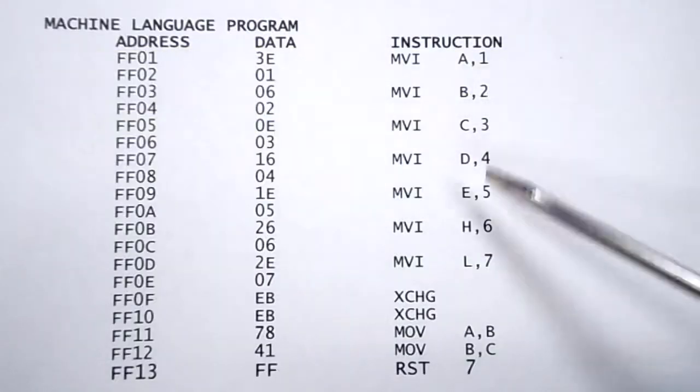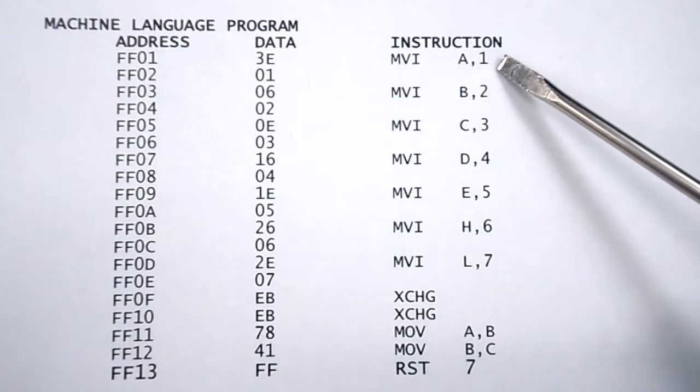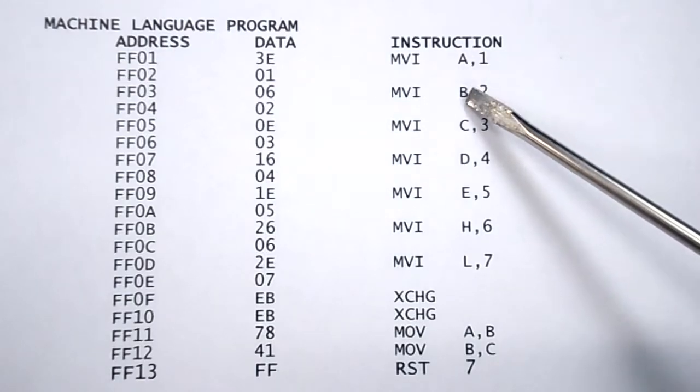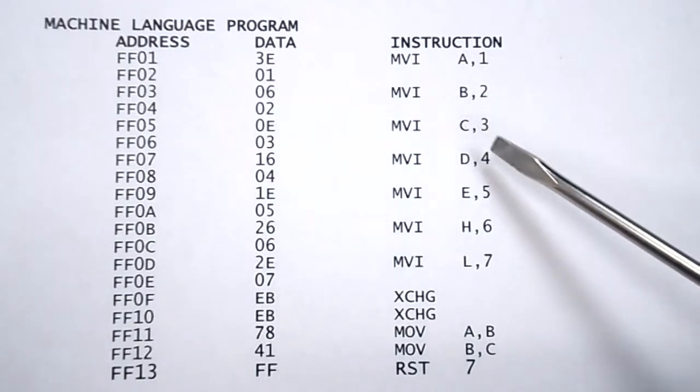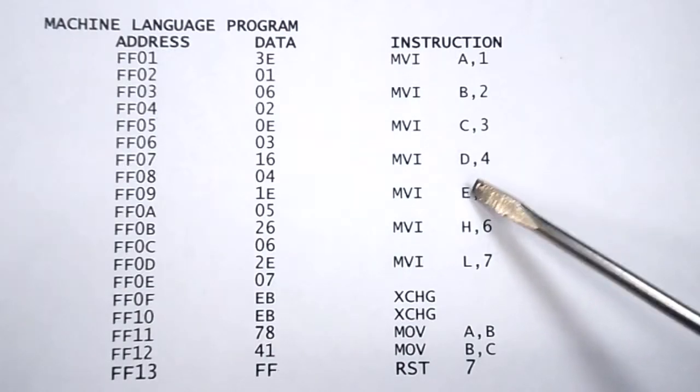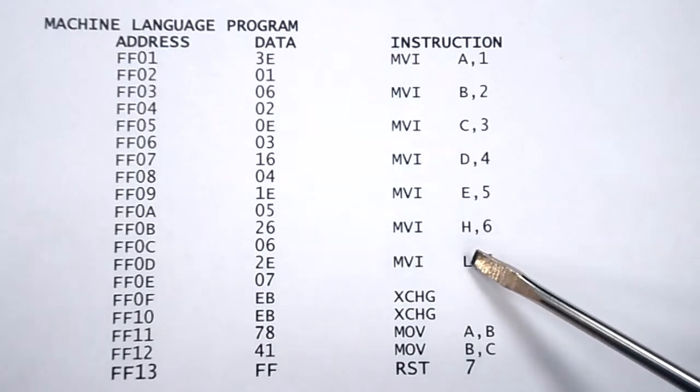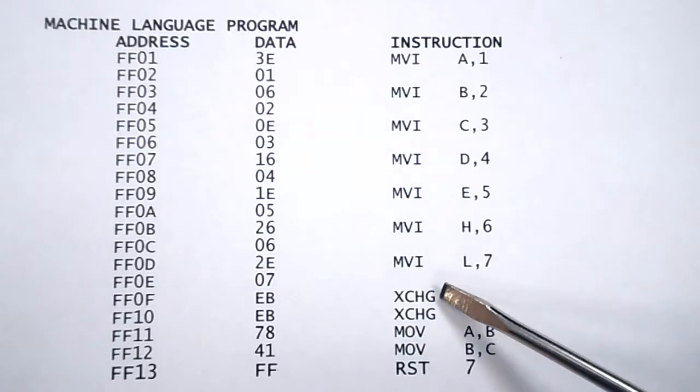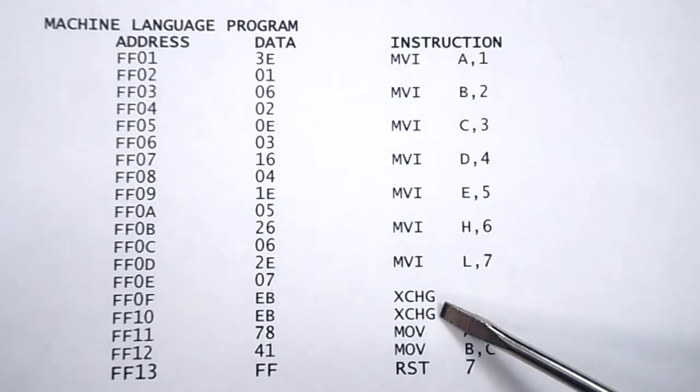So looking at our code, you can see that we're going to be moving 1 into the A register, 2 into the B, 3 into C, 4 into D, 5 into E, and 6 into H, and 7 into L. Then we're going to come down here and hit the exchange command. Now this is going to exchange the data in registers D with H and whatever is within E and L. And then we're going to change them back again.